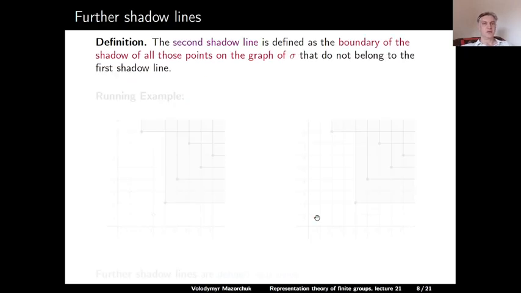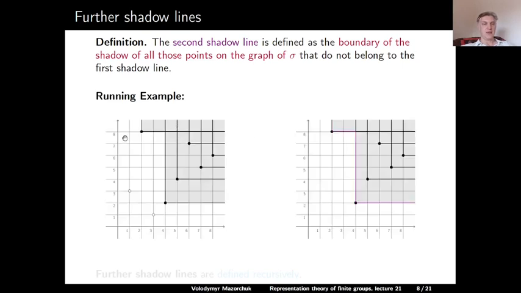So the second shadow line of sigma is defined as follows. We take the graph of sigma and remove from it all the points which belong to the first shadow line. Then we take the shadow of the remaining points, and the second shadow line is the boundary of that region. So here is our running example.